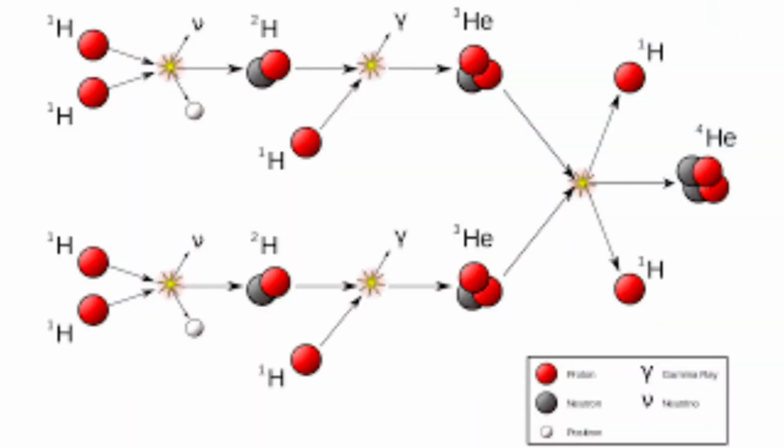So how does exactly fusion work in the sun, and what is the exact process that happens? So the thing is that fusion in the sun, there's many different ways that you can fuse elements in a star, but the sun, because of its low mass, relies mostly on the proton-proton chain. What happens in the proton-proton chain is that you take two protons, or two hydrogen nuclei, and they collide together at such a high velocity that one of them turns into a neutron.